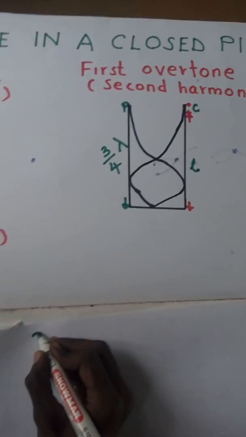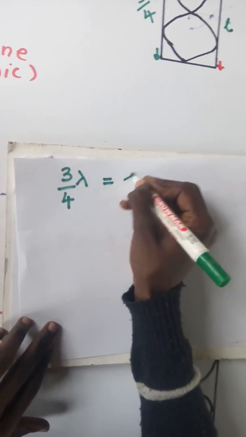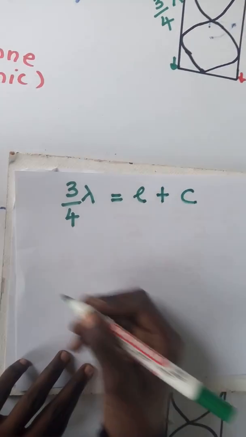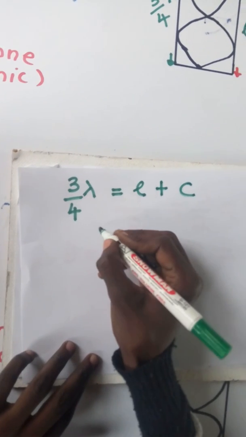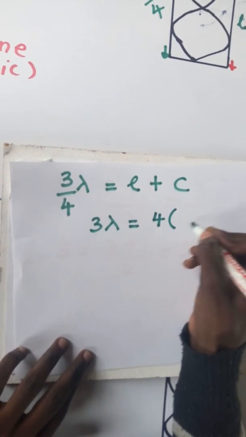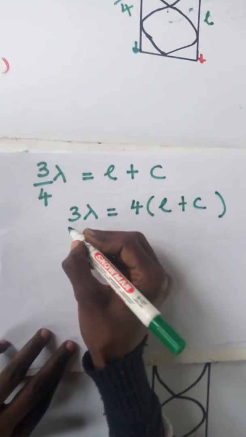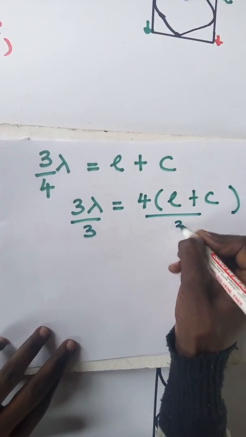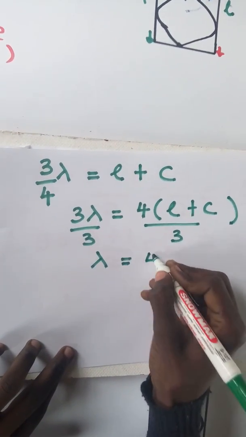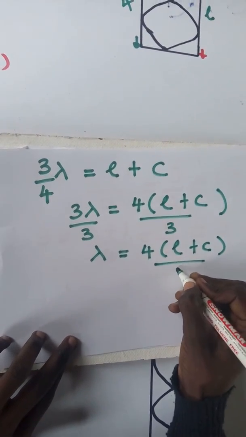So 3/4 wavelength is equal to the length of the closed pipe plus end correction. We have to multiply by 4. Here we get 3 wavelengths is equal to 4 (length of the closed pipe plus end correction), divide by 3 both sides. Therefore, wavelength is equal to 4 (L plus C) over 3.